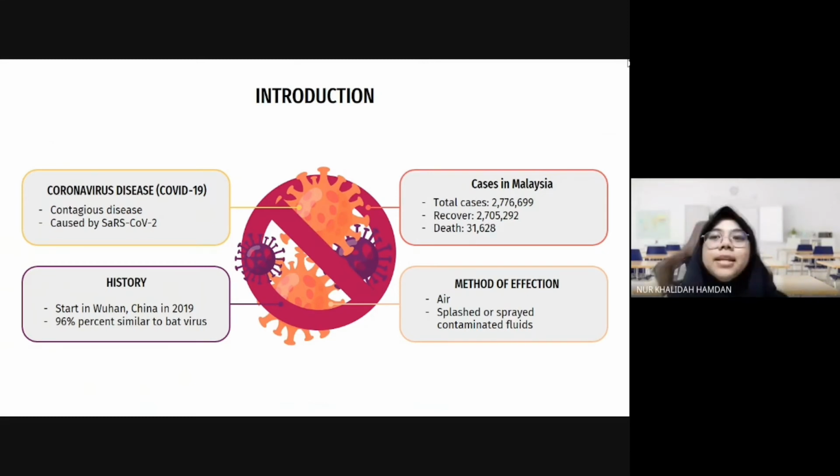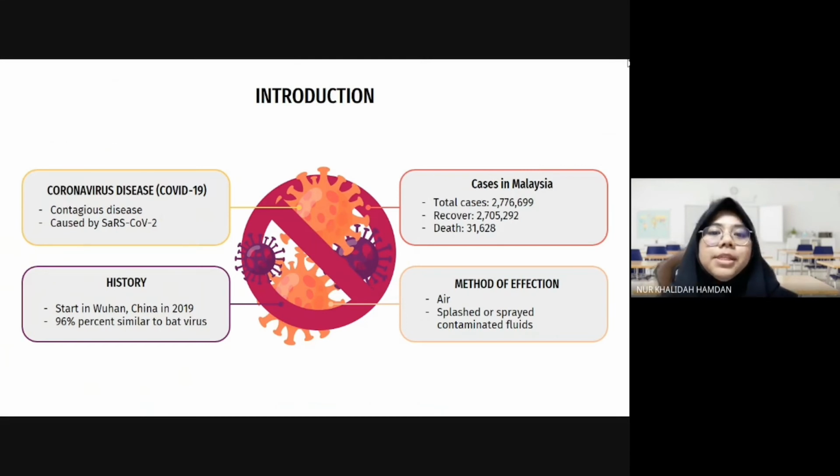I will explain the method of infection. COVID-19 disease transmits when people breathe in air contaminated by droplets and small airborne particles that contain the virus. The risk of breathing is highest when people are in close proximity, but they can be inhaled over longer distances, particularly indoors.